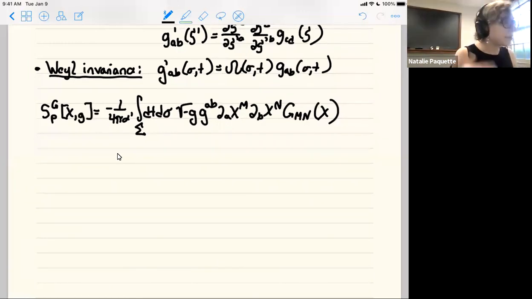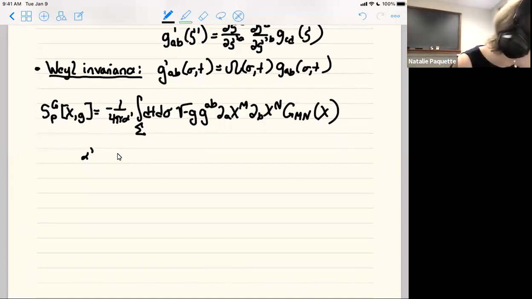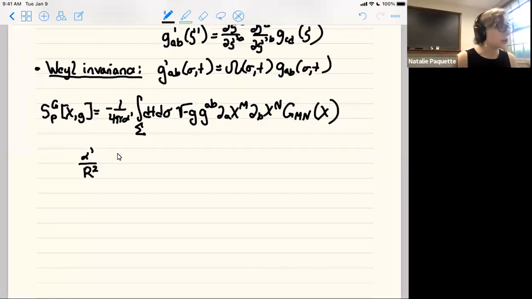And indeed, you'll see that the interaction terms for the fluctuations come proportional to derivatives of the metric capital G. So our loop expansion parameter from the point of view of this worldsheet field theory is the dimensionless parameter alpha prime over R squared, where R squared is a typical length scale of variation characterizing the metric capital G. And I need that factor there to actually have a dimensionless expansion parameter for the worldsheet. So it's related to this space-time curvature.